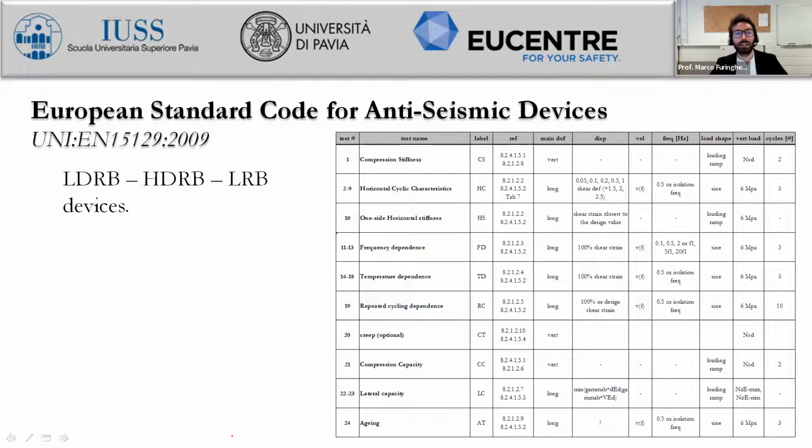And this is the final table for the testing protocol. You see all the possible tests with all the relevant references within the standard code, and all the peak quantities for displacements, velocity, frequency, the load shape, which means the waveform, the vertical load, and the number of cycles.